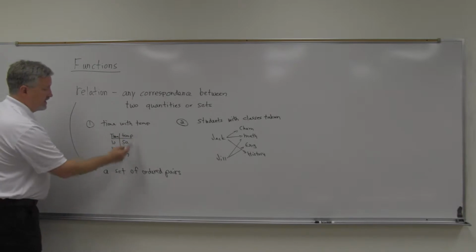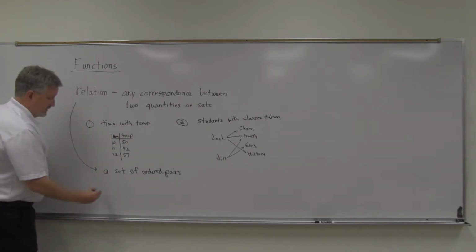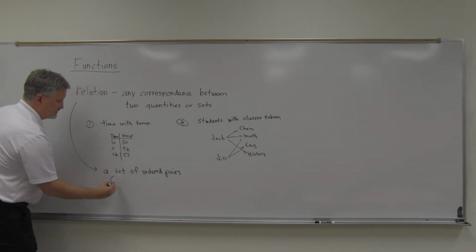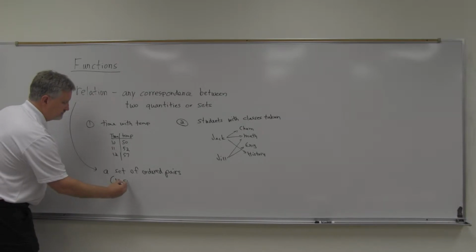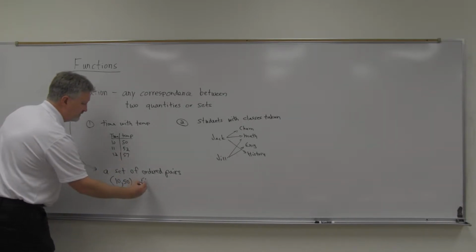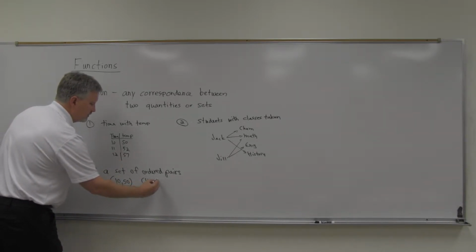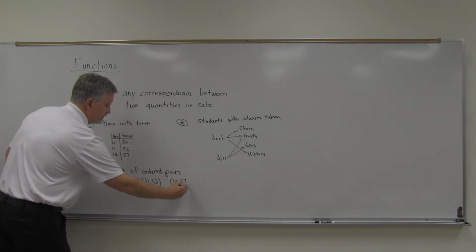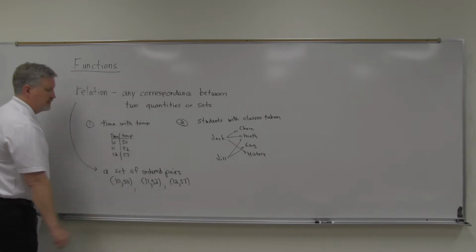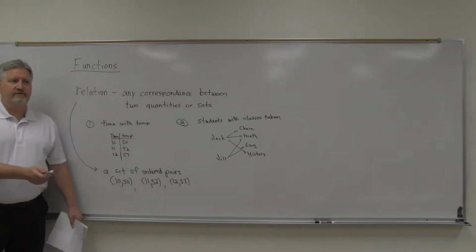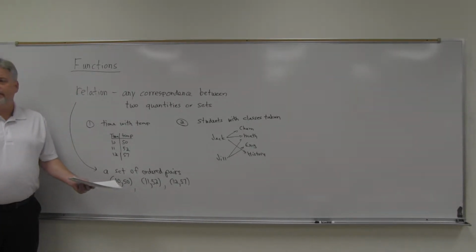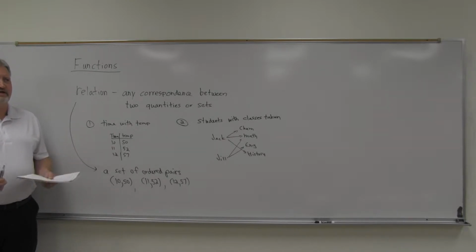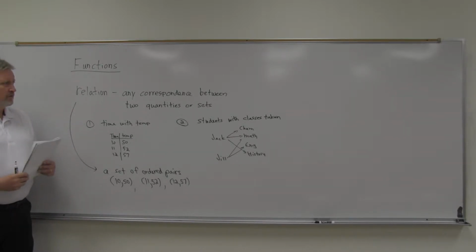So if we take the time and temp example here, we could say, well, it's 10, 50, 11, 52, and then 12, 57. And so that set of ordered pairs could represent the relation. So it's just kind of understanding what we've got going on here.